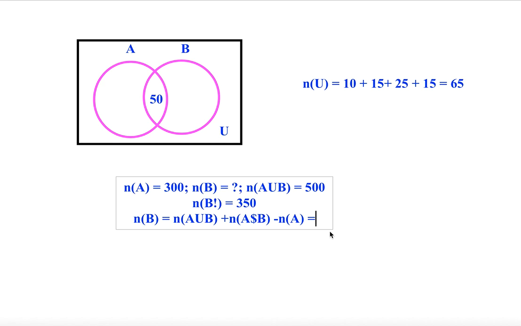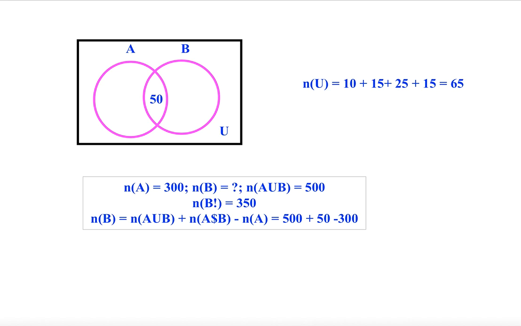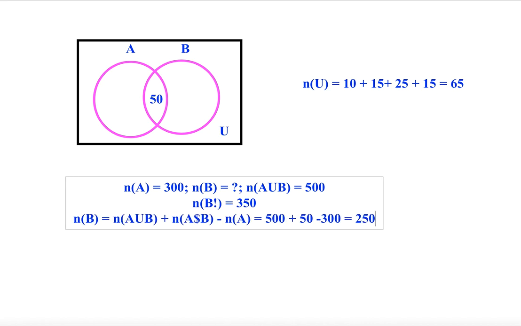A union B is 500 plus A intersection B also how much? A intersection B is 50. What else N of A also 300. So 500 minus 300 is 200 plus 50 is 250. So N of B is found, right?